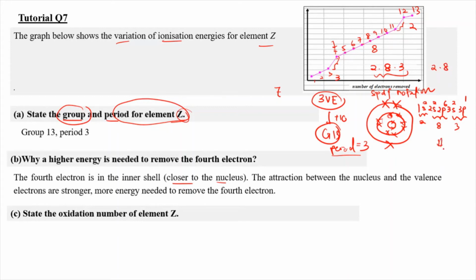Or you can say that it's going to remove 3s2 and 3p1 so that it can get the noble gas electronic configuration, which is neon. As a result, it's going to remove 3 electrons, which is 2 and 1, and you're going to have the oxidation number of 3+, which is +3. If you write it like this, it is acceptable. Or when you write it in terms of numbers only, you put 3+. Either one of these.